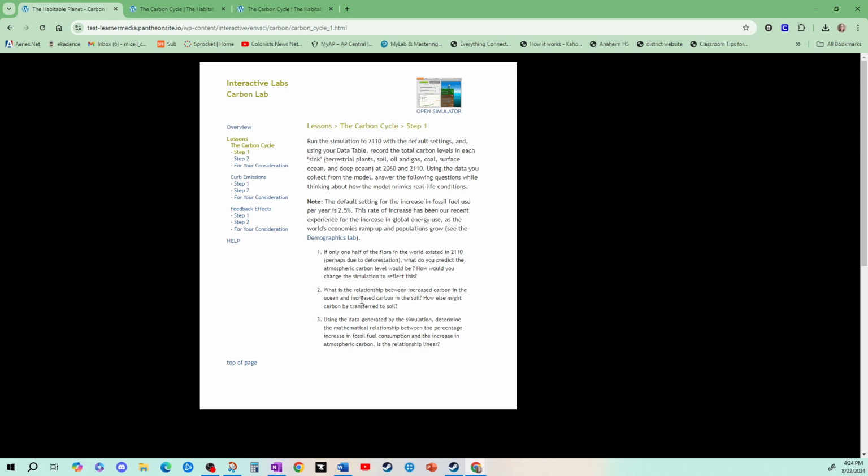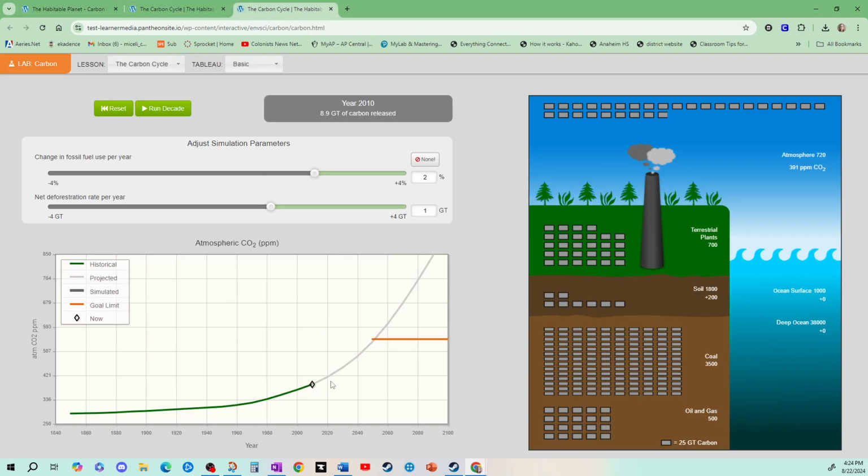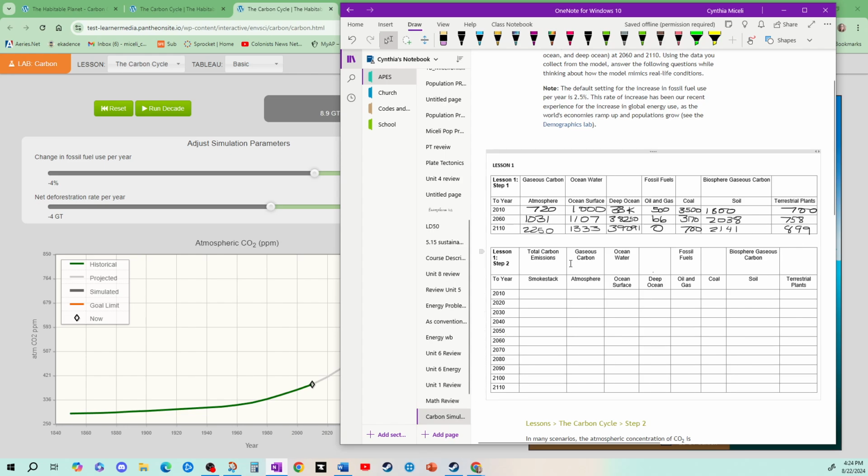And then this number 2, what's the relationship between the increased carbon in the ocean and the soil? So let's look at our data. Look at ocean increase right here. What's the relationship between this increase and this increase? What's going on?